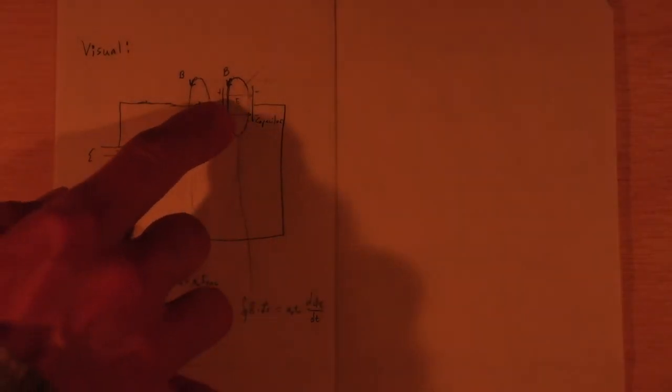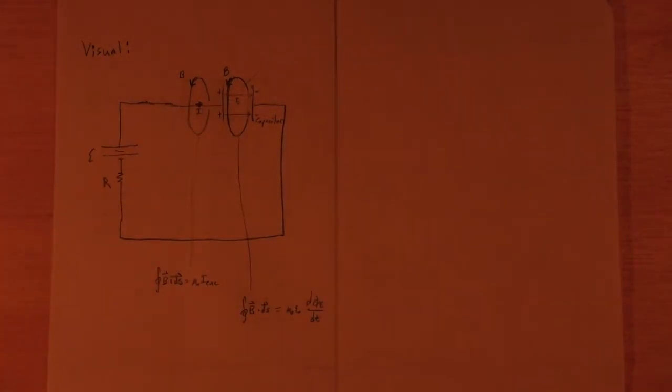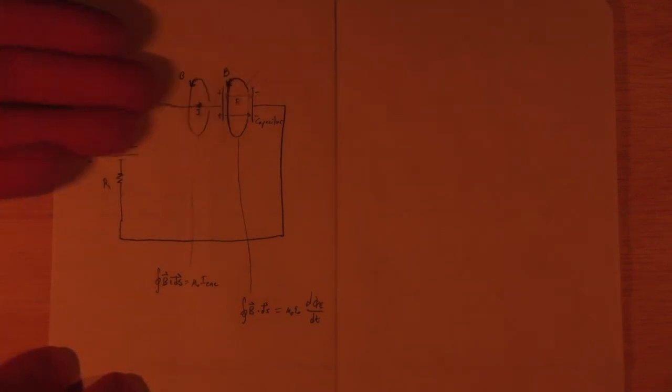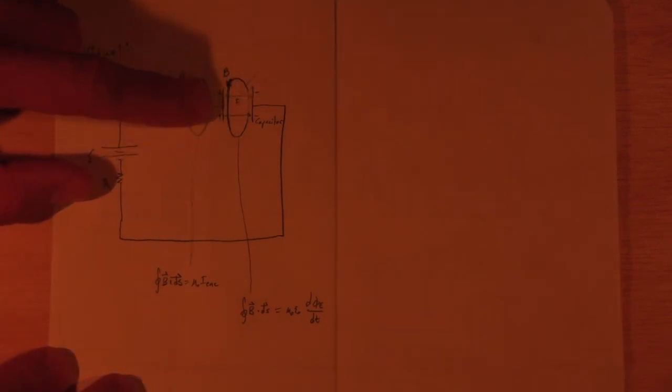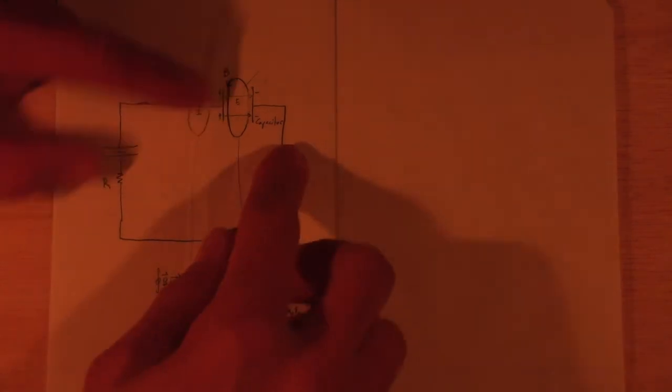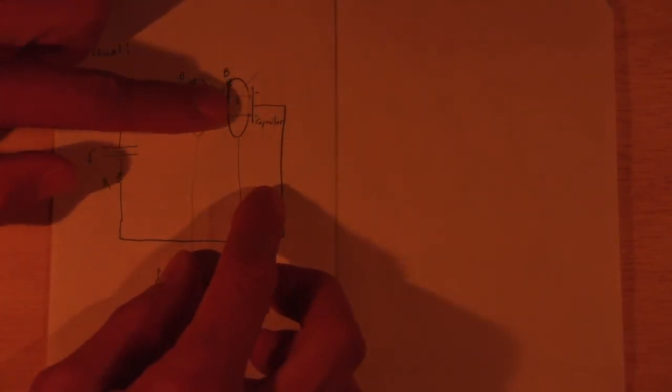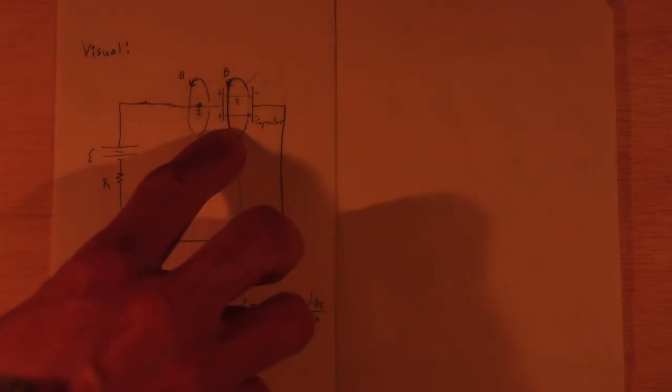So if there's no I enclosed, what's going through that loop? As the current's coming here, more and more charge is building up here, positive. More and more charge, negative, is building up here. So the electric field is growing through that loop.